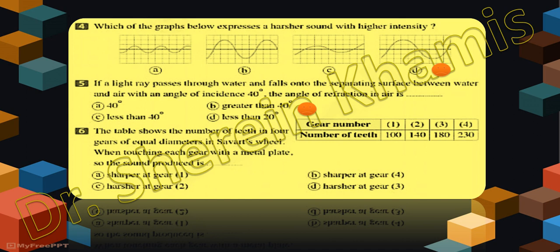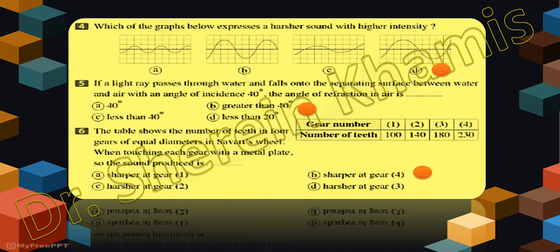Which one will produce the sound with high pitch? The one that gives sharper sound has the highest number of gear teeth. The sharper sound will be gear 4 with 230, as it has the largest number of gear teeth.